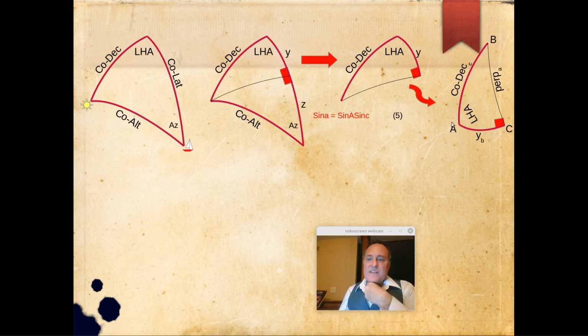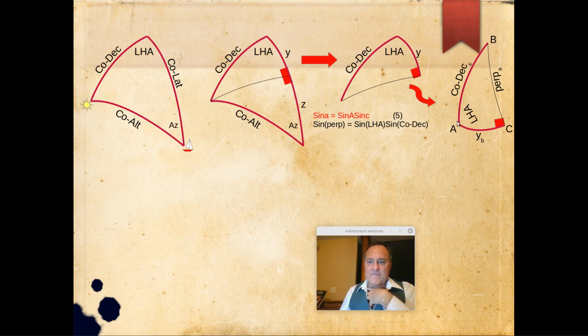And the reason I've relabeled these angles A, B, and C is so that we can use the right triangle relationships to solve this triangle for perp A, as you'll see. So substituting, sine A is sine of the perpendicular, and sine big A is sine of the local hour angle, and sine of C is sine of the codeclination.